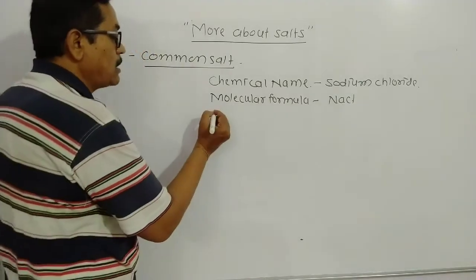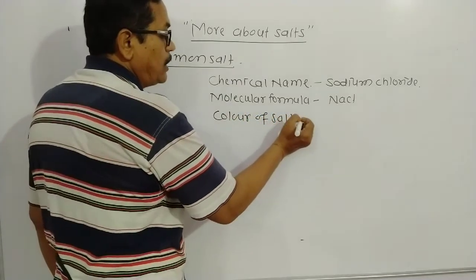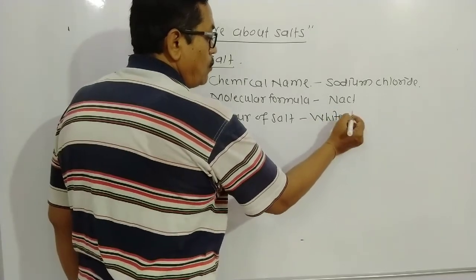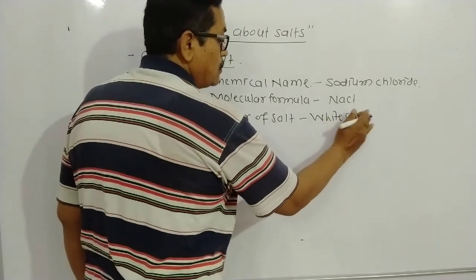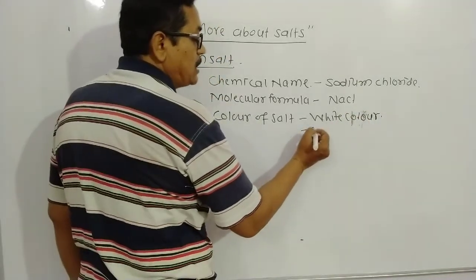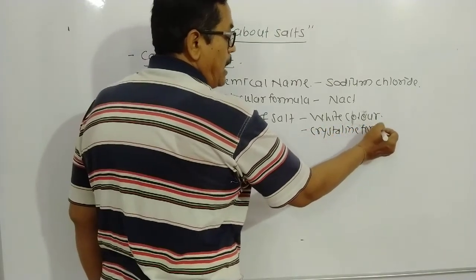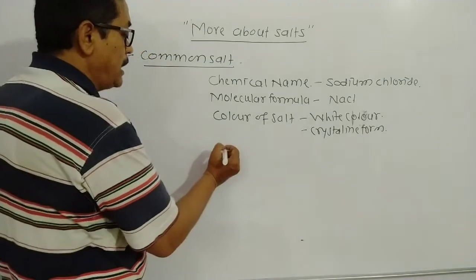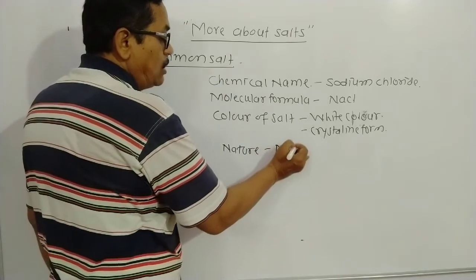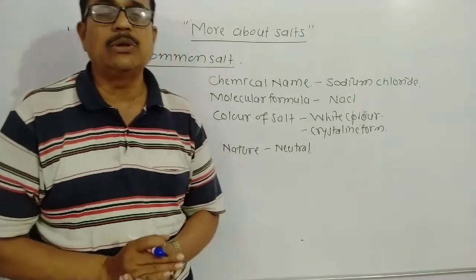Then the color of salt is white, and it is in crystalline form. The nature of salt is neutral. In this way, it is a neutral salt.